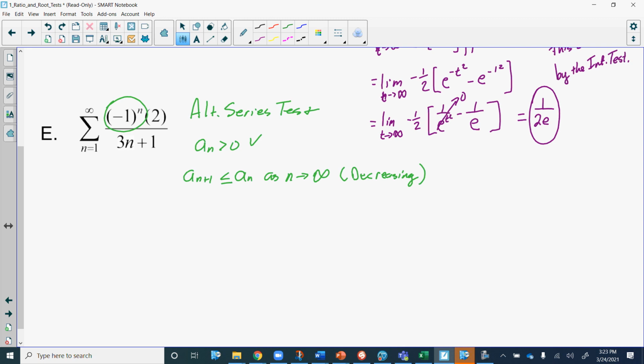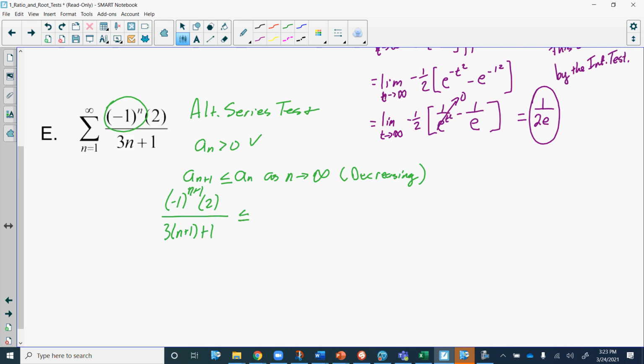And so here, if I compare it with what I would be looking at as a comparison, this would be negative 1 to the n plus 1 power times 2 over 3 times n plus 1 plus 1.